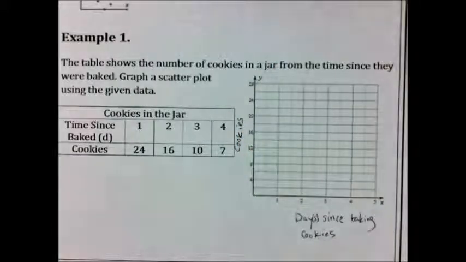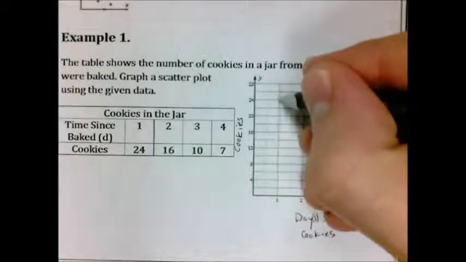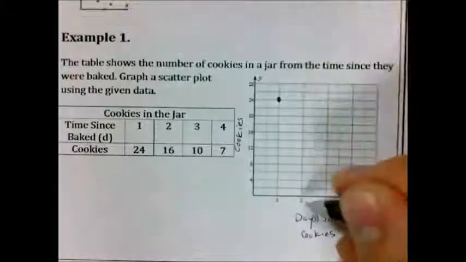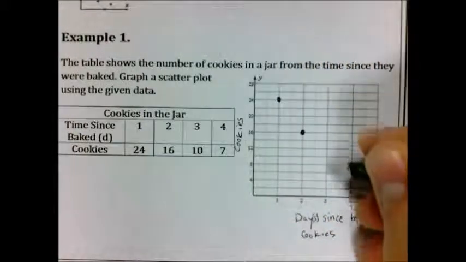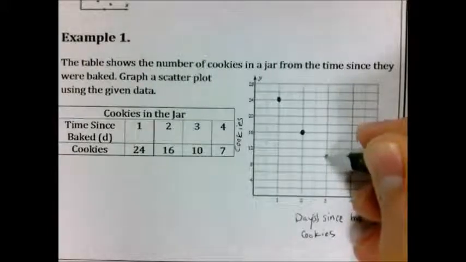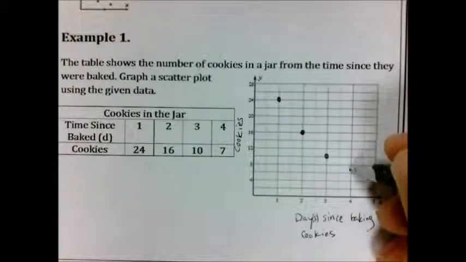And so if we were to graph this, we see that at 1 day there was 24 cookies, so we'll go 1 day up to 24. 2 days there was 16 cookies. 3 days there was 10 cookies, and 4 days there was 7 cookies, right?